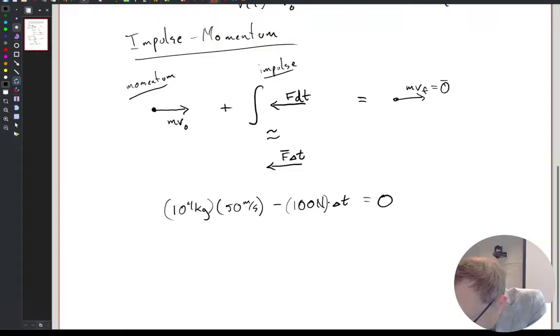And this is the initial momentum, plus an impulse is my final momentum. So when you integrate impulse with respect to time, you get momentum? If you integrate force over time, you get impulse.